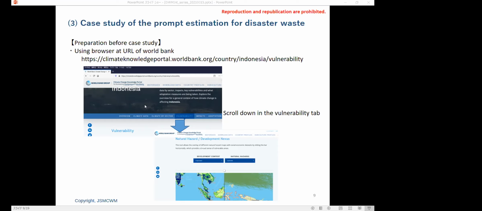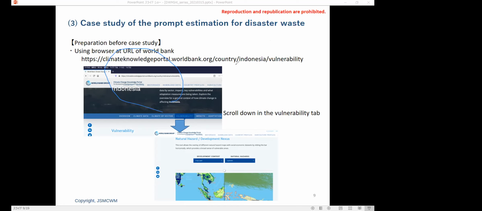Maybe you can find the browser page like this. And maybe you can find the vulnerability tab and scroll down to this map.